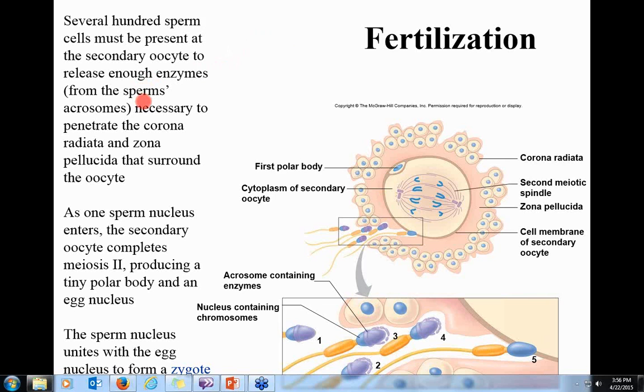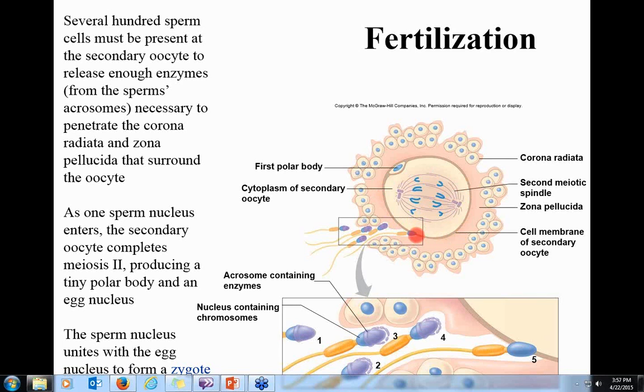Okay, now the reason why you need so many sperm, and we're looking at this diagram here, is that the sperm on their tip have something called acrosomes. This is an enzyme-containing unit, I guess for a better word. Basically it's there to get through the corona radiata and the zona pellucida, so it's to get to the nuclear material of the secondary oocyte.